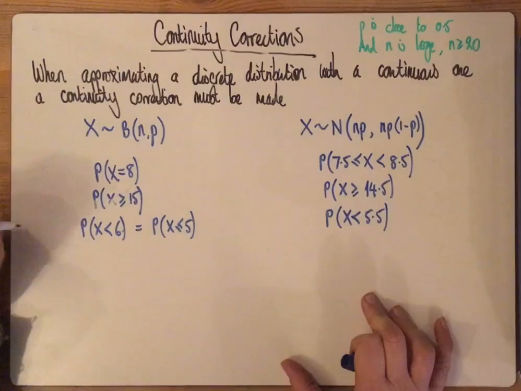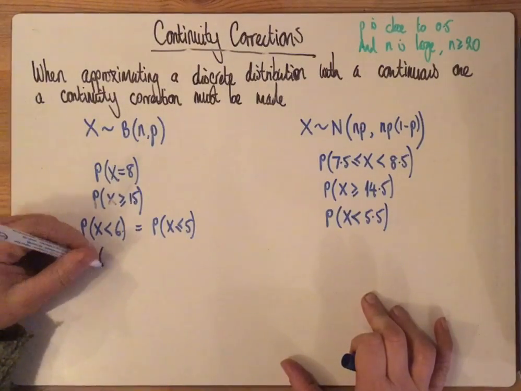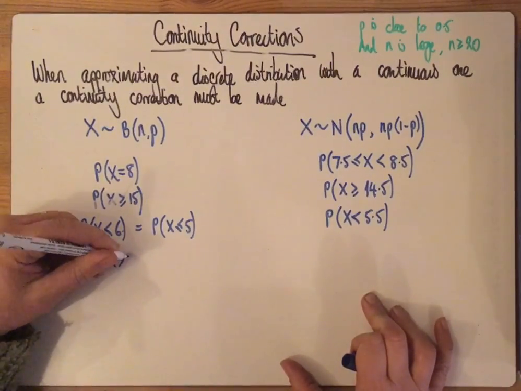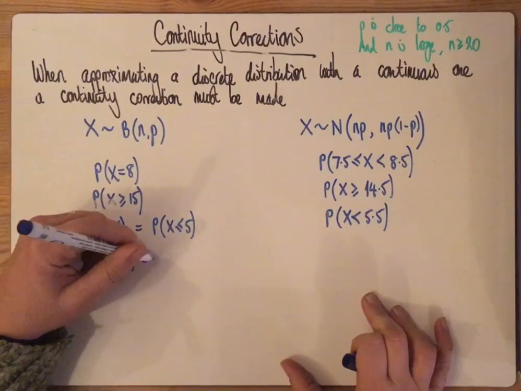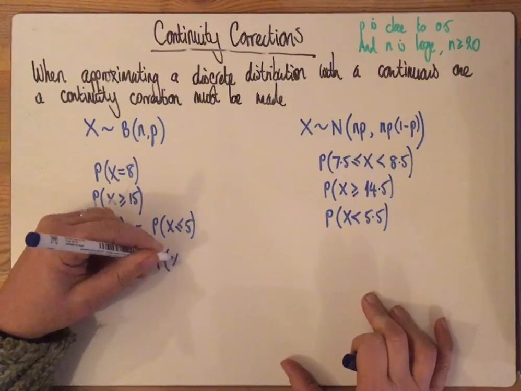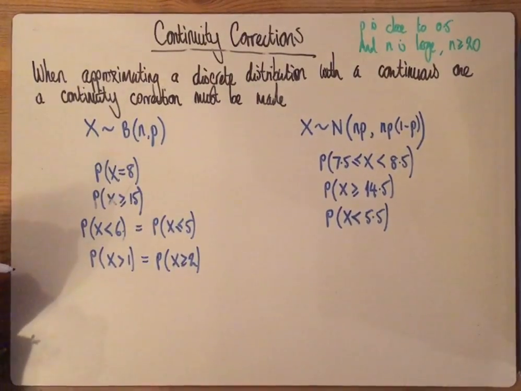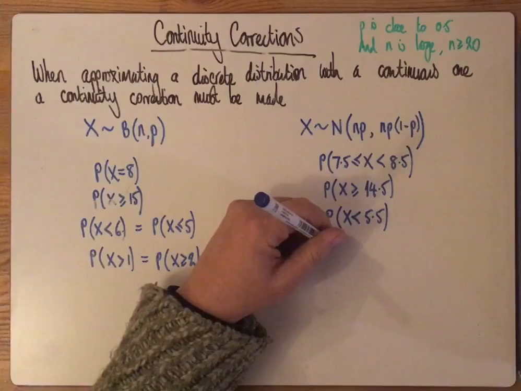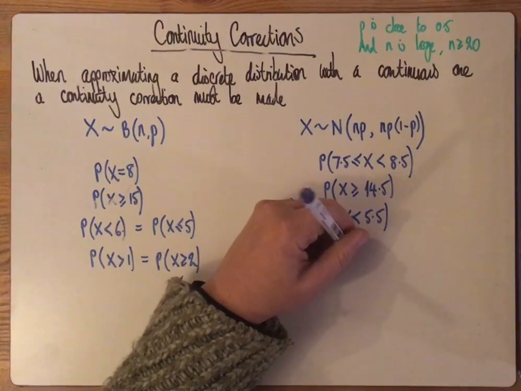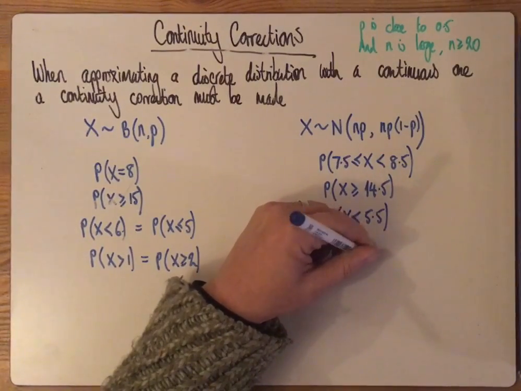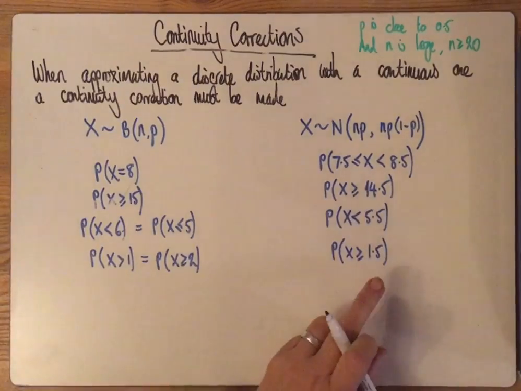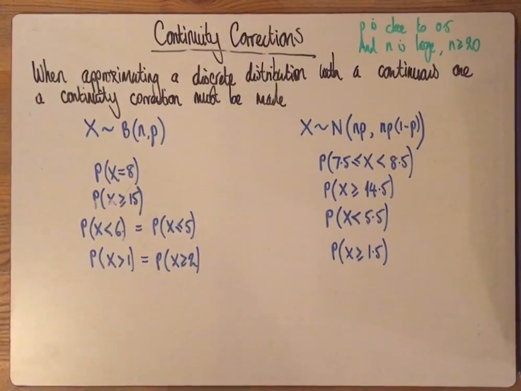And same on the other side. So if, for instance, x is bigger than 1 in the binomial, that's the same as saying that x is greater than or equal to 2, because it's only taking integer values. And so your continuity correction is that x is greater than or equal to 1.5. So then you're going to be rounding to 2 or more.